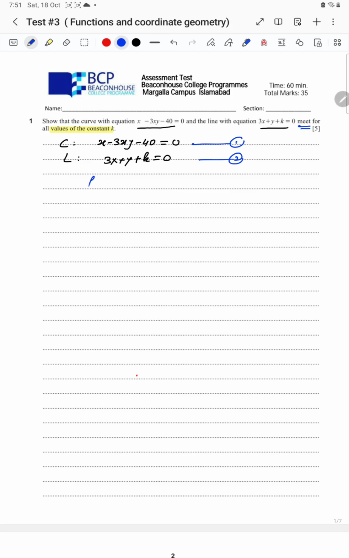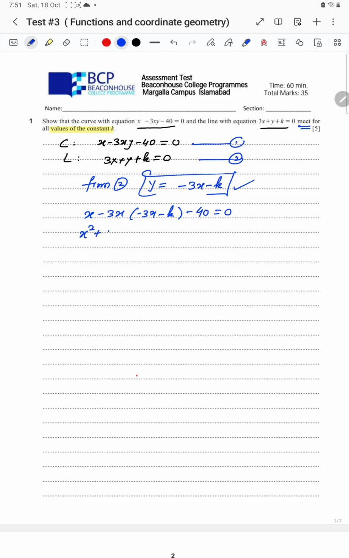So from equation number 2, if I make y the subject, it will be minus y equal to minus 3x minus k. Now replace this result in 1. We get x minus 3 times x into minus 3x minus k, minus 40 equal to 0.